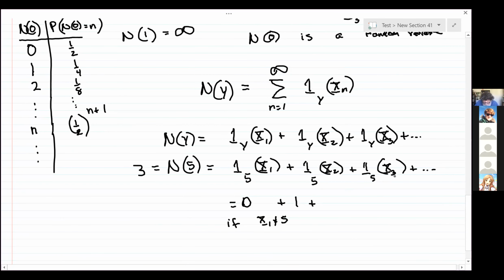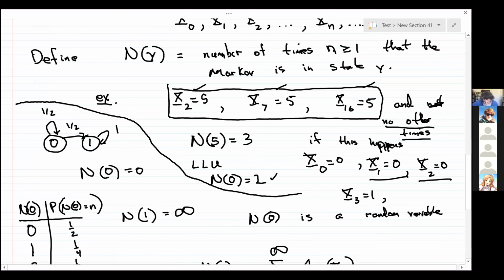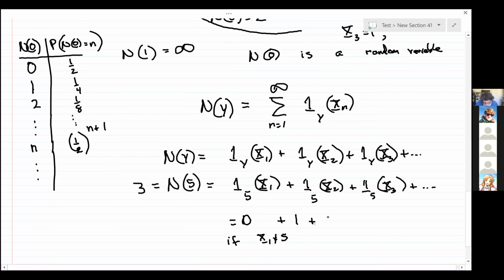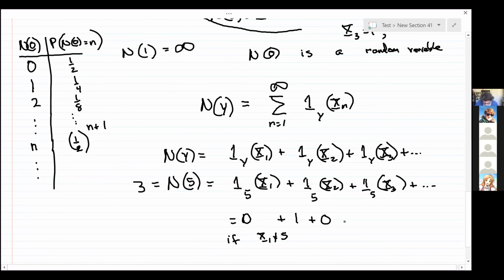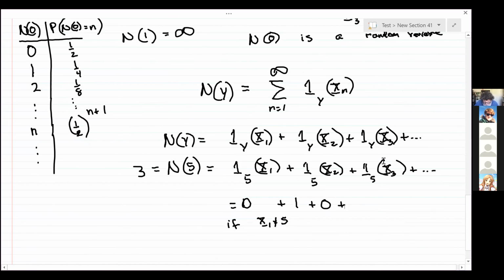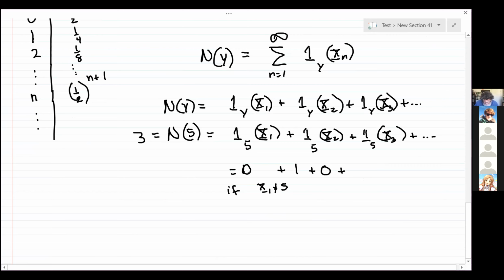What about the next one? At time 3, are you equal to 5? No, because I told you the only times you're equal to 5 are these and no other times. So the next one's going to be 0. And so it will continue. Let's go up to 7, which is the next time. So what I'm saying is 1, 2, 3, 4, I'd be 0. 5, I'd be 0. 6, I'd be 0. But 7, I'll be 1.